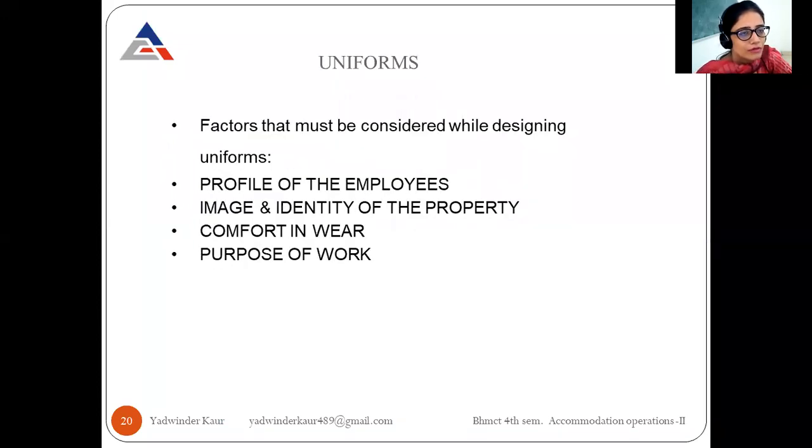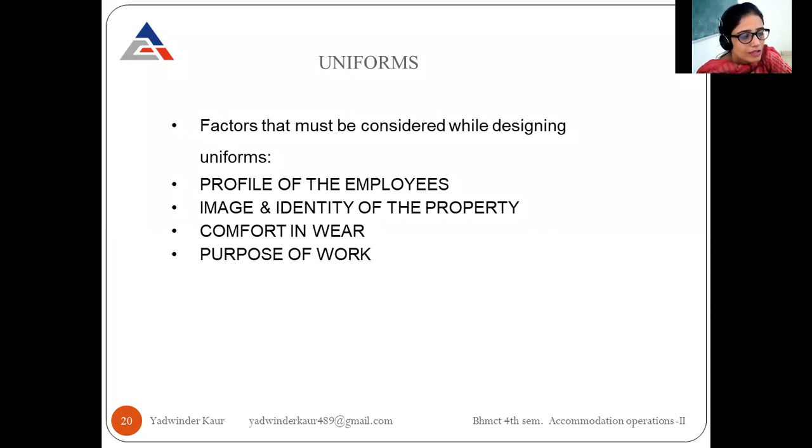Now we have to learn about uniforms. We have to select uniforms. While we are designing uniforms, what kind of uniforms are required? The profile of the employees we have to think about first, and the image and identity of the property.